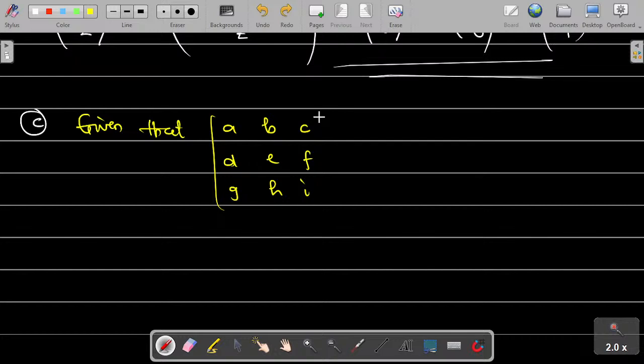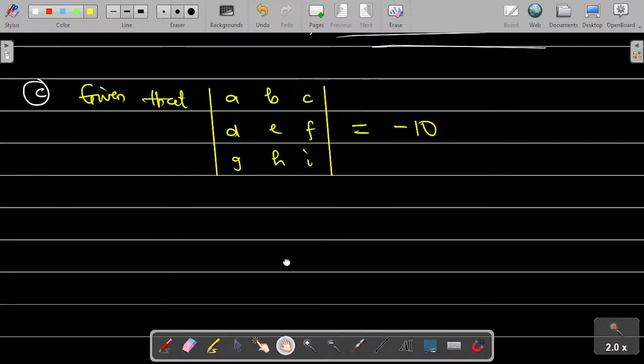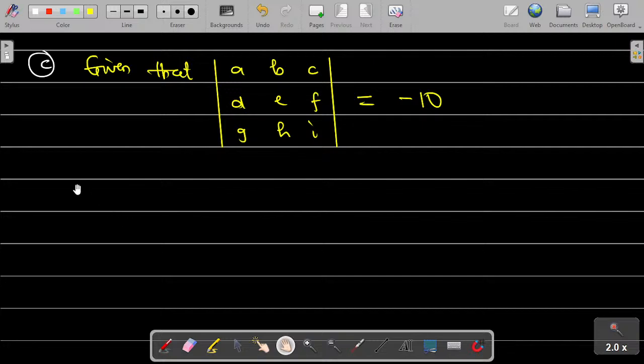The determinant of this is equal to something. We are given that the determinant of that matrix is equal to minus 10, and then we are asked to find the determinant of this other one.